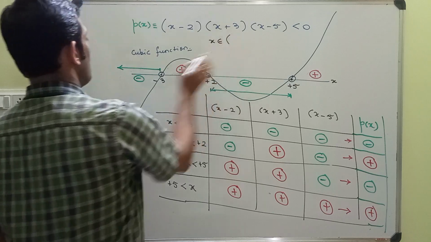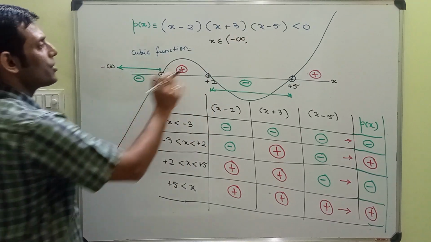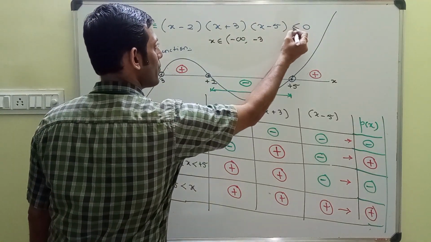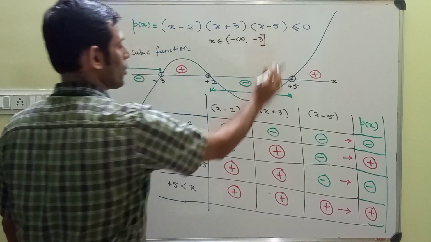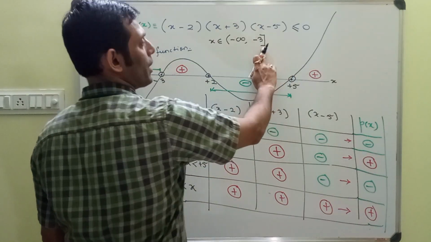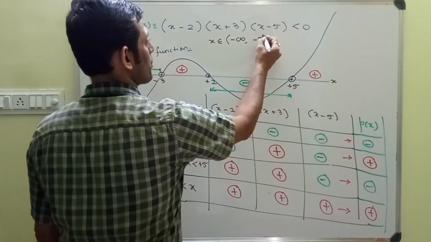x is an element from minus infinity open till minus 3. Now, should I say open or closed? If I say I have an equal to here, then I can say closed. If I would say it's only less than, that means an open here.